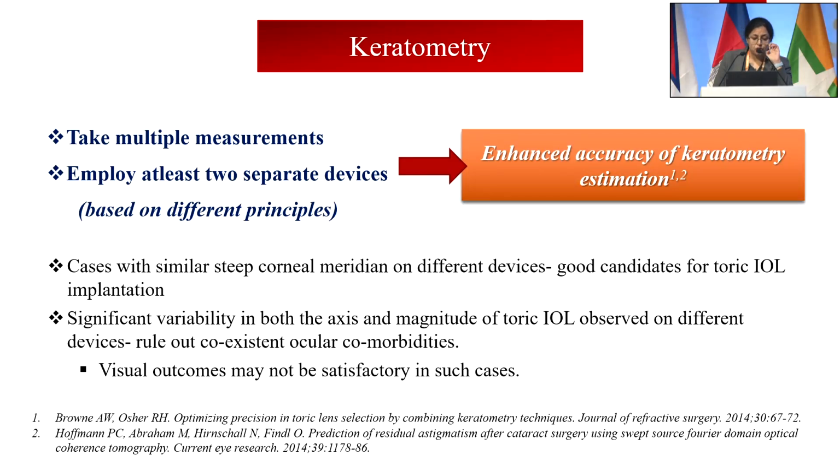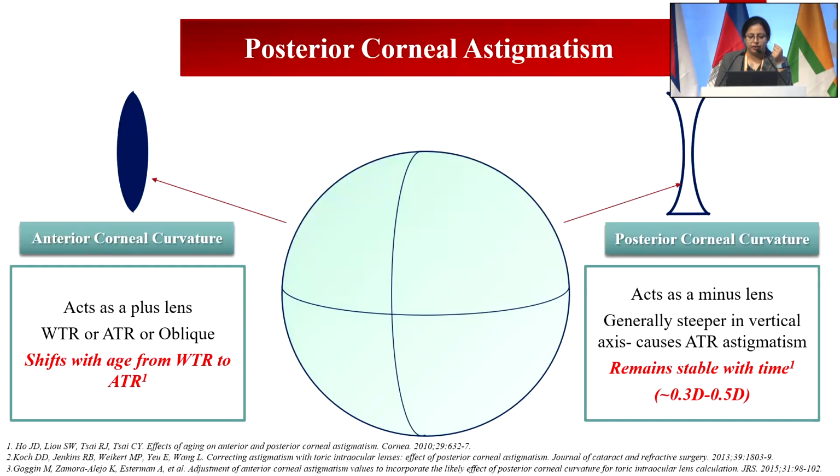Employ at least 2 separate devices based on different principles. This will lead to an enhanced accuracy of keratometry estimation. Cases with similar axes on different devices are good candidates for toric IOL implantation. If you have variability in both the axis and the magnitude of astigmatism on different devices, do rule out any comorbidity, and visual outcomes in these cases may not be satisfactory.